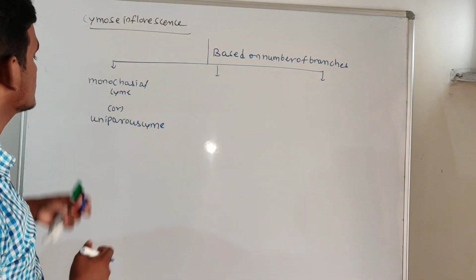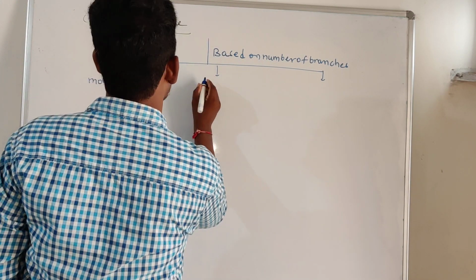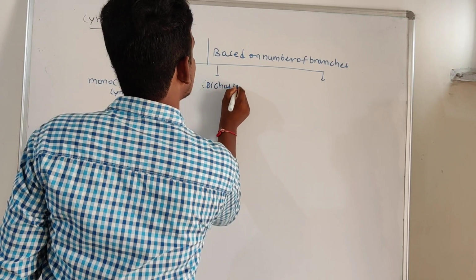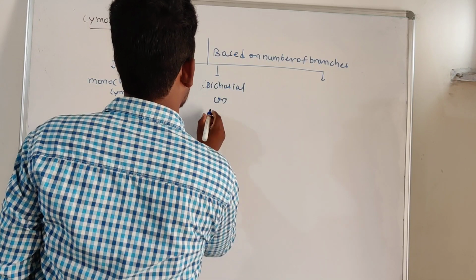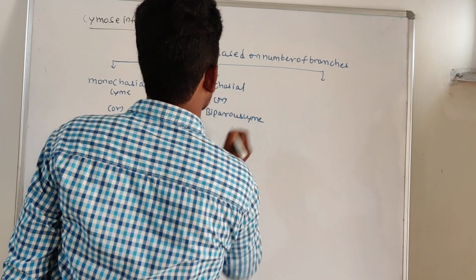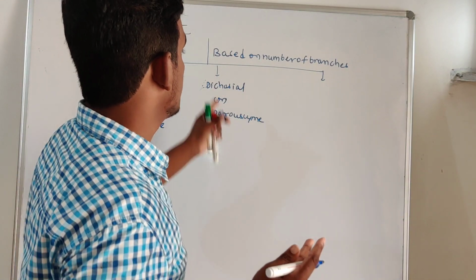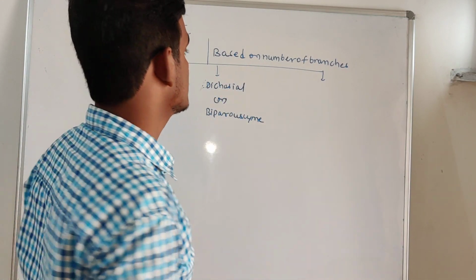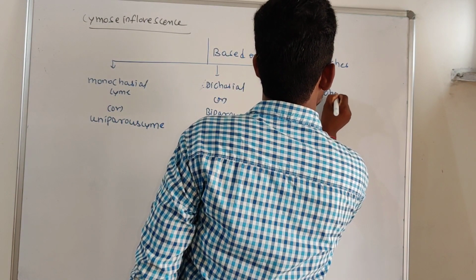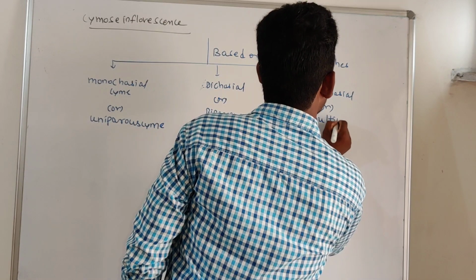If it produces two branches, it is a dichasial cyme or biparous cyme. If it produces more than two branches, we call it a polychasial cyme or multiparous cyme.